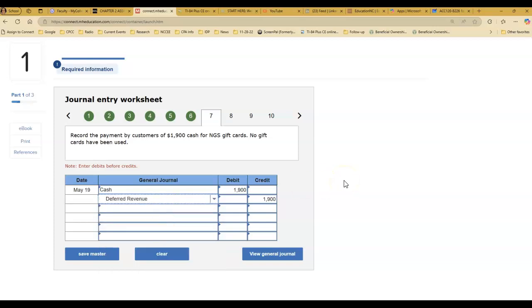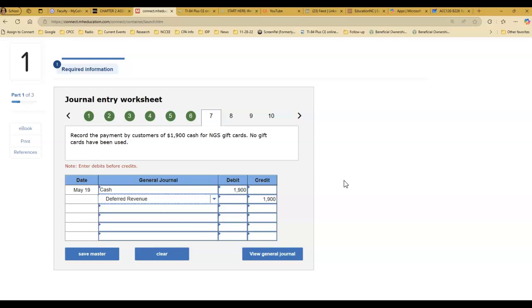Now, when those gift cards get used, what happens? Let's word that a little bit differently, though. Hang on. When the gift cards get used, no more cash is being affected.